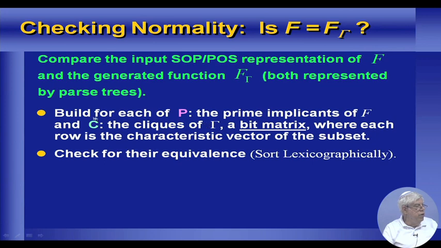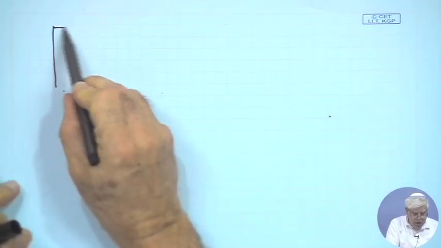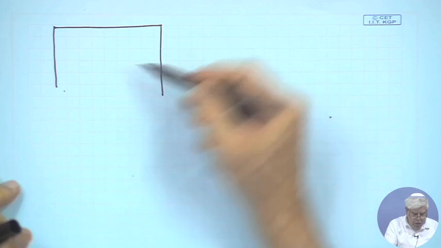So here is how we're going to do it. First, let's look at the original function and the prime implicants of that. We're going to make a bit matrix, which will simply be the characteristic vectors of each prime implicant. So imagine, for example, I have this bit matrix. It's zeros and ones.